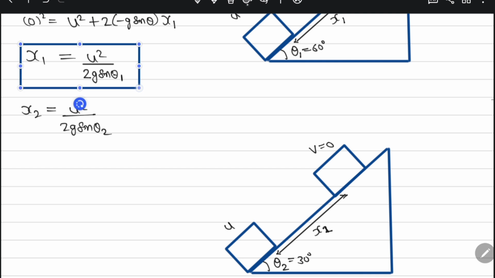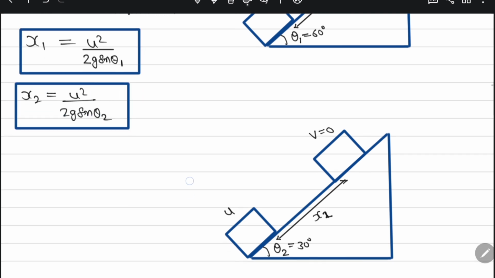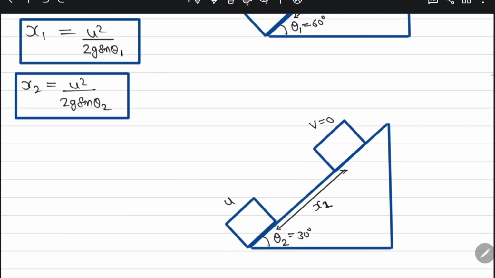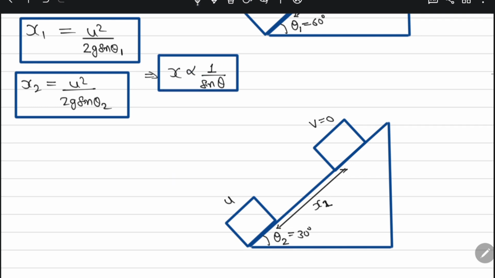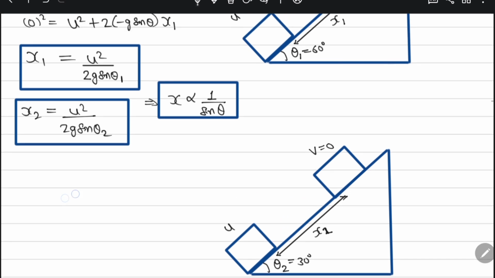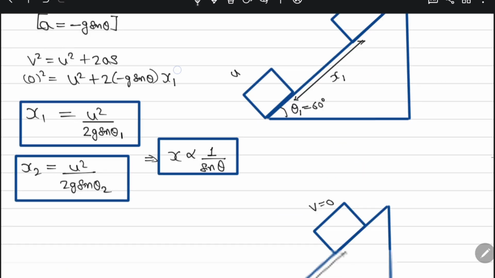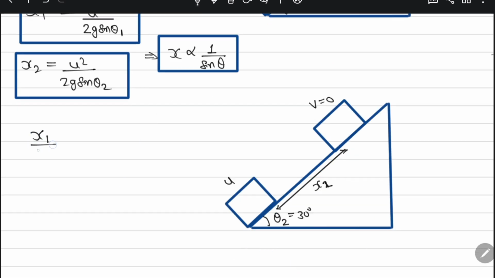So from that we can conclude that the distance x is inversely proportional to sine theta, right? Now they are asking the ratio of x1 by x2. So x1 by x2 is equal to sine theta 2 by sine theta 1, and we know that sine theta 2 is sine 30 degree and sine theta 1 is sine 60 degree.